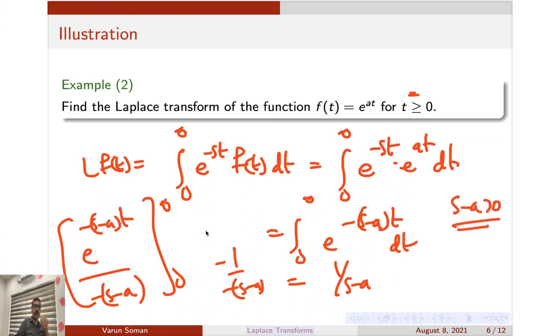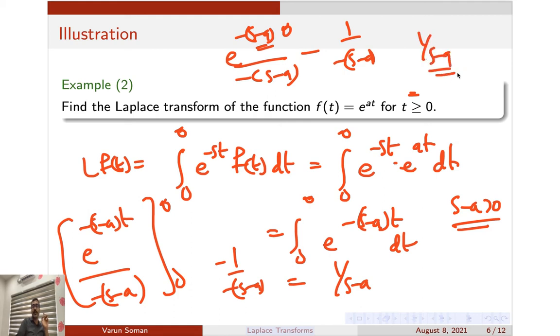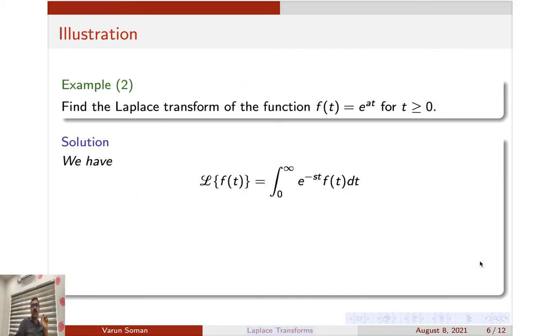When you integrate, you get e raised to minus s minus a into infinity by minus s minus a, minus e raised to 0, so it is 1 by minus s minus a. The first term is 0, provided s minus a is positive. So you get 1 by s minus a, where s minus a is greater than 0.